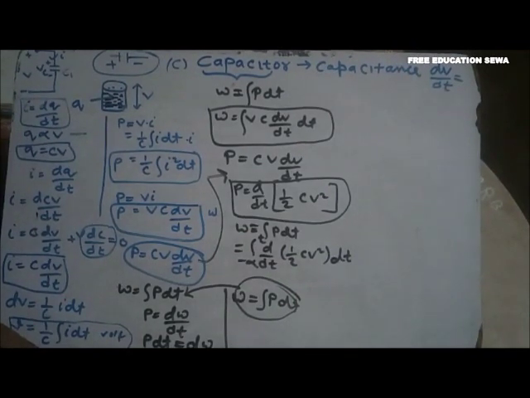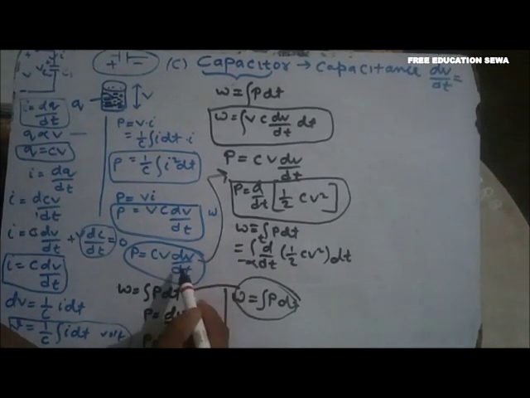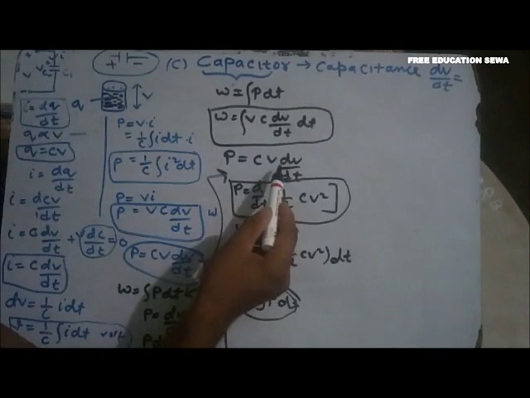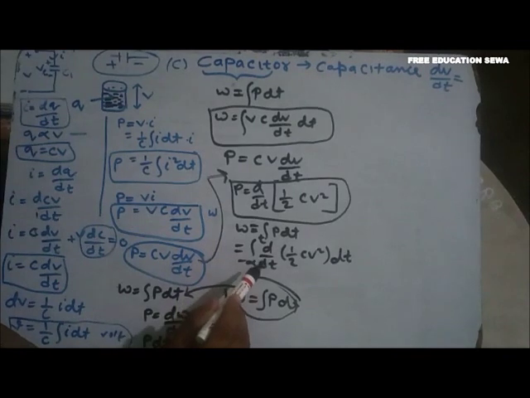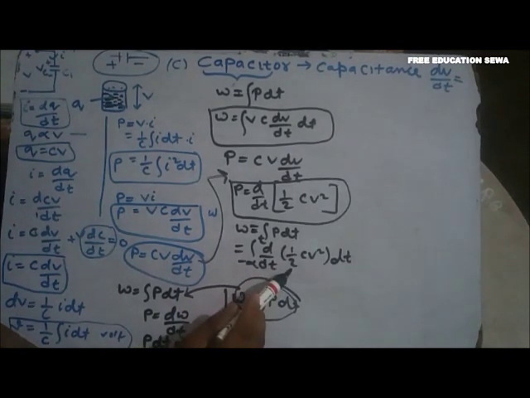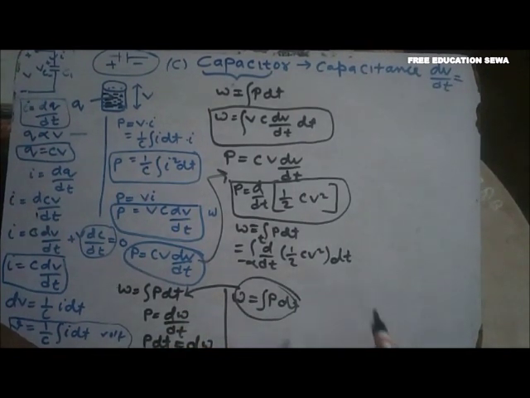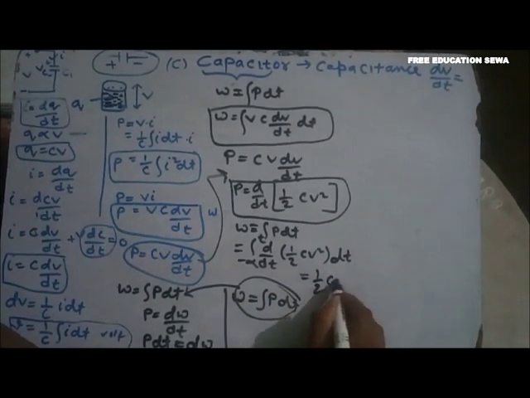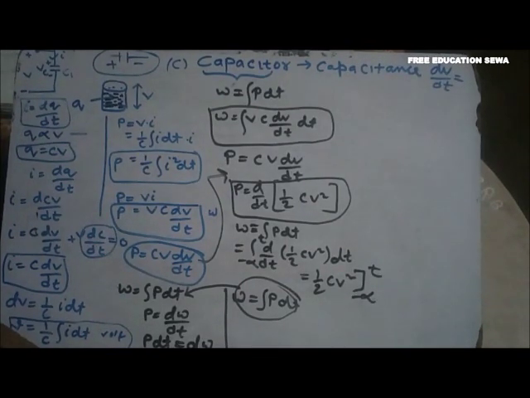We have done nothing; we have put the value of power. We can write it in this way. Or finally, we can write it in the form half CV square integrated from minus infinity to t. This is for the capacitance.